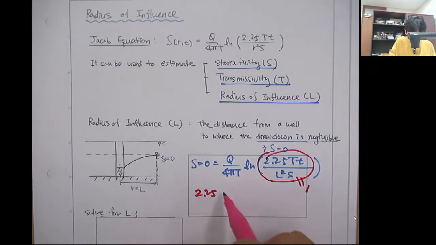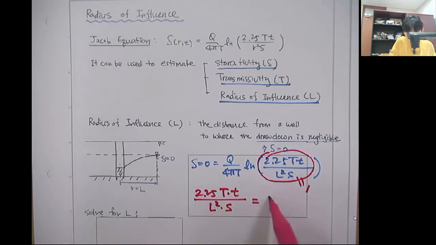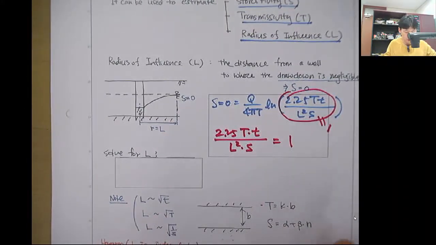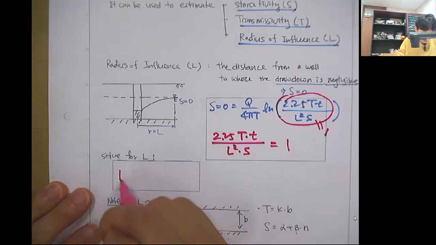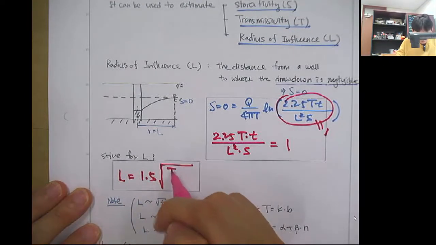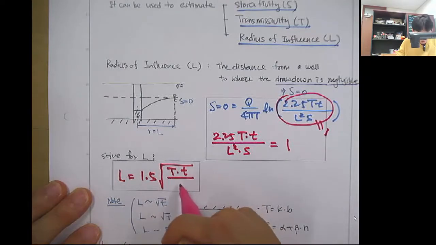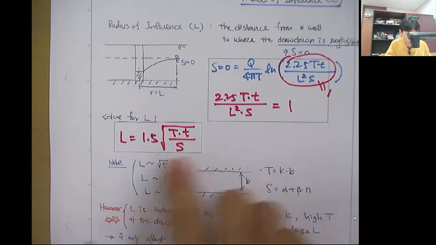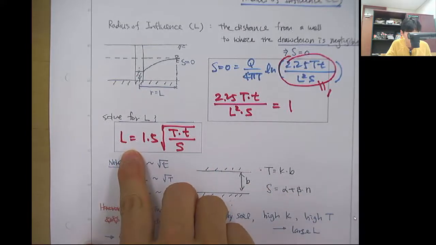So 2.25 T times small t over L squared S becomes 1. Then if you solve it for L, L is 1.5 times the square root of T times small t over S, large S. So this is the final equation to get the influence radius.